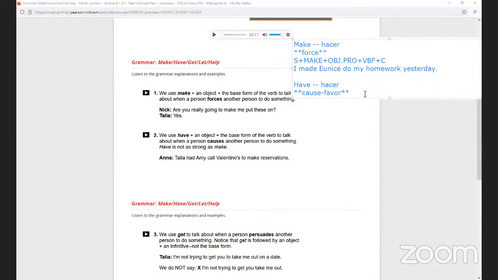Okay, that is have. The structure is subject, have, the object pronoun, plus the verb in base form and the complement.